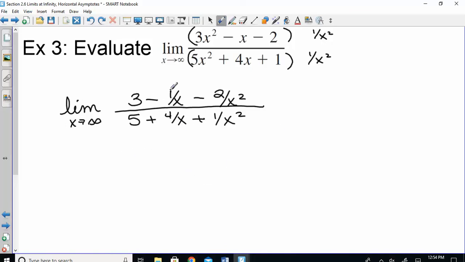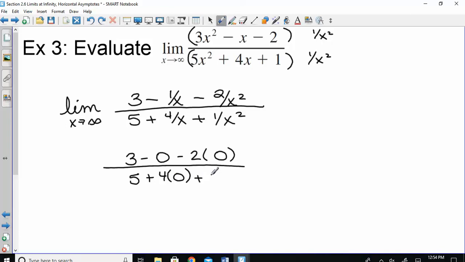Because we know limit laws, we can take this limit to each piece, right? What's the limit of a constant? So this is 3. What's 1 over infinity turn into? 0. 2 over x squared, that's just like 2 times, what does 1 over infinity squared go to? 0. On the bottom I have 5 plus 4 over x, that's like 4 times the limit of 1 over infinity, plus 1 over x squared is going to go to 0.